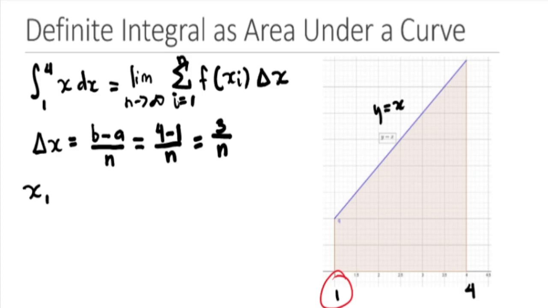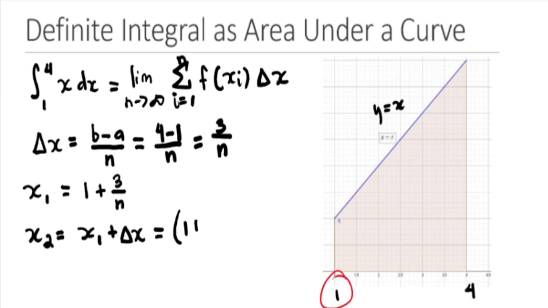So that would mean that x sub 1 is 1 plus delta x. x sub 2 is x sub 1 plus delta x, or 1 plus 3 over n plus 3 over n, which in turn will give us 1 plus 6 over n.